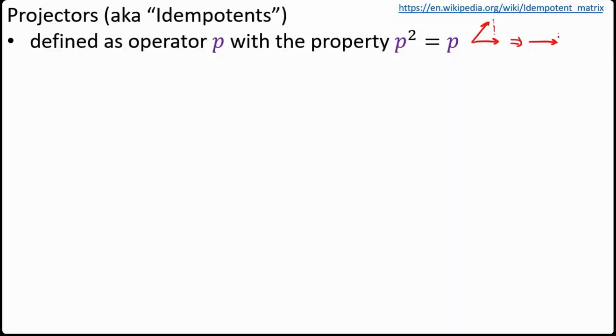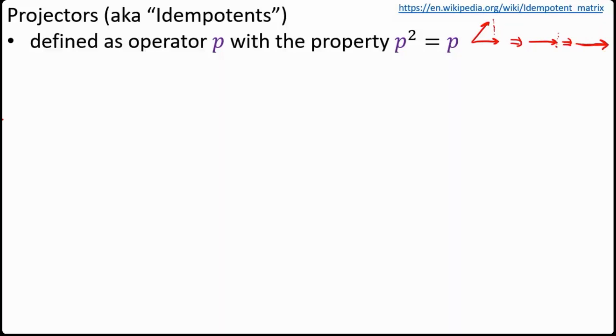And then if I project that vector down to the ground again, nothing's changed, right? So applying a projector once is the same thing as applying it twice, or 3, 4, 5, 10 million times, because it squares to itself. If you've projected something once, you can project it a million times and get the same result.